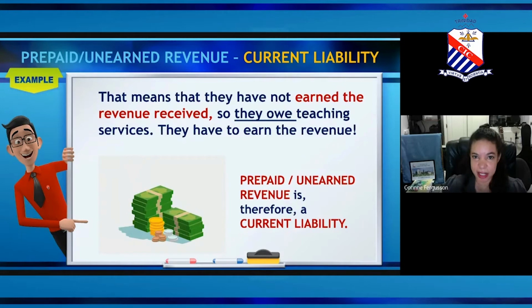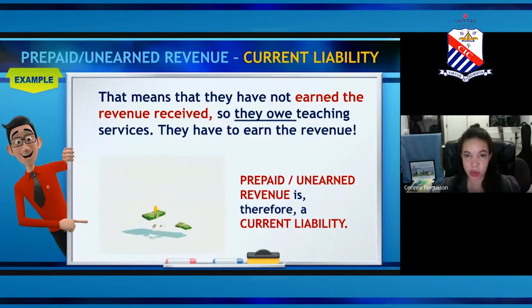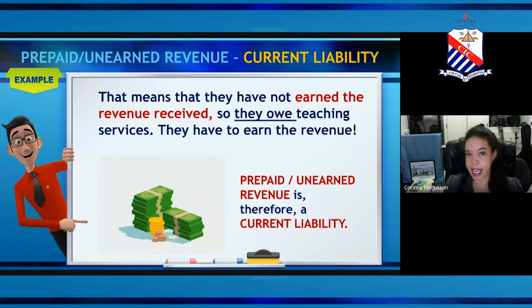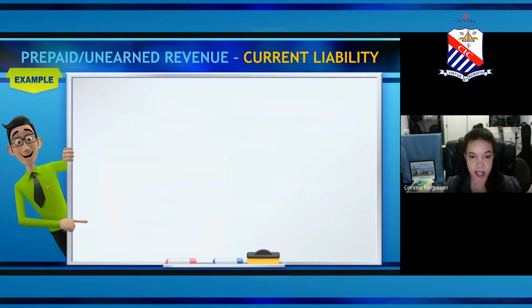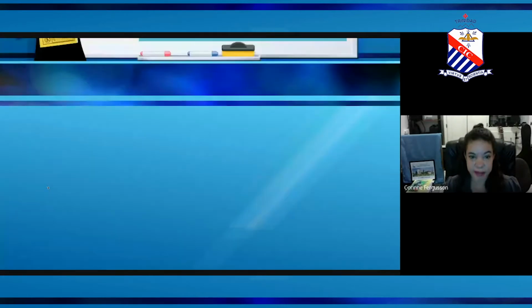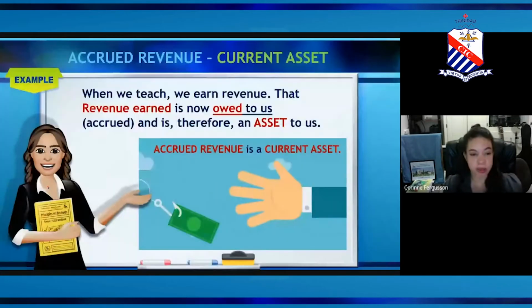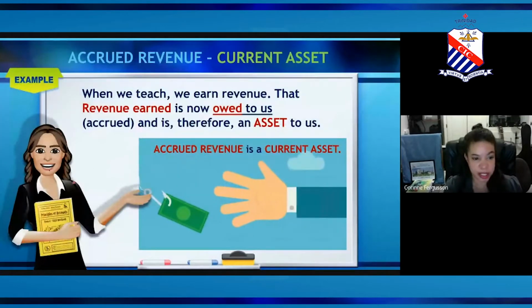So it's not the lessons. Don't go and tell all your lessons teachers I say that they are liabilities. Because if the lessons teacher were to receive their money at the end of the month, that revenue for them would actually be an asset, because they will fall under the other one, just like us teachers. You'll understand that, right? So just assume that I'm a lessons teacher at this point in time.